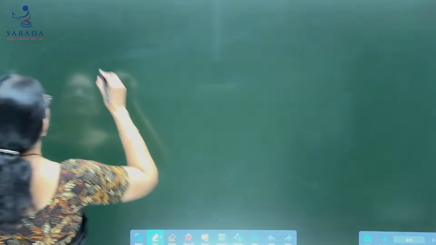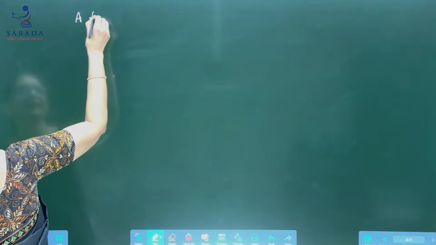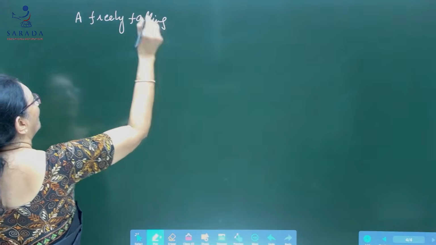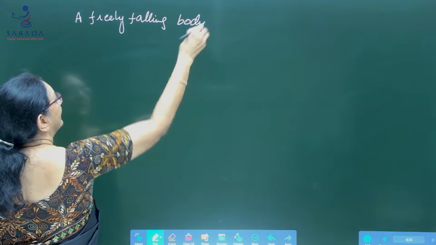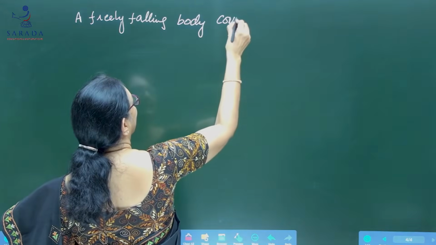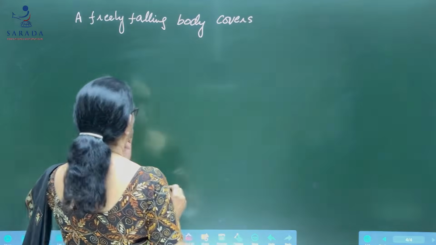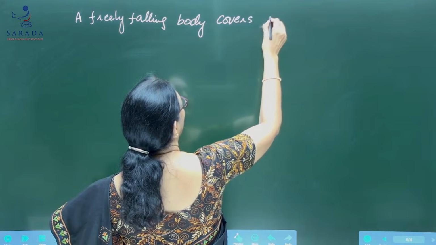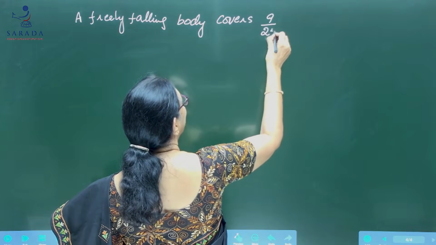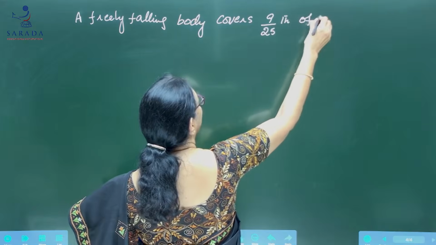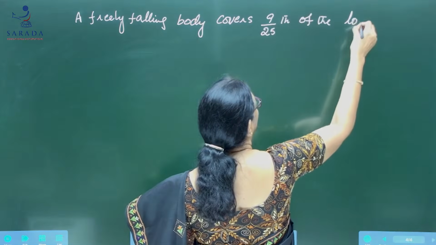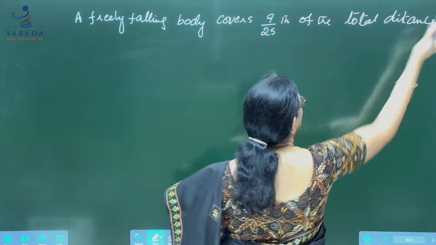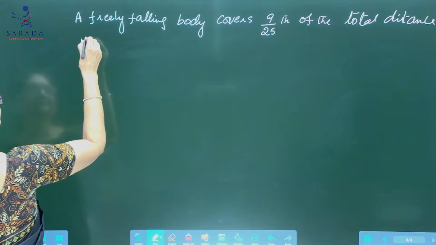So, look here. A freely falling body covers 9/25 of the total distance in the last second.